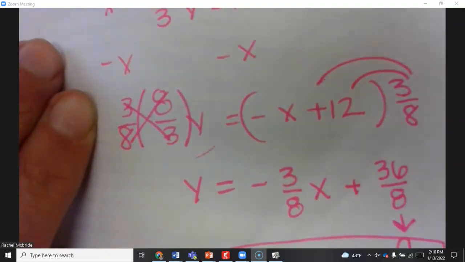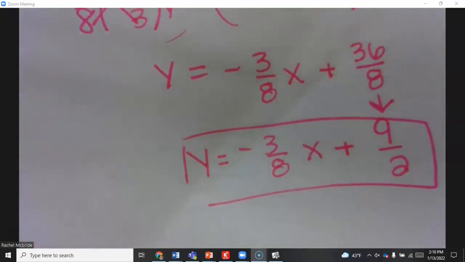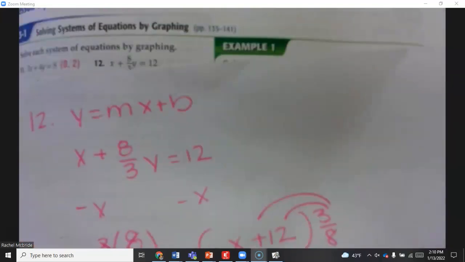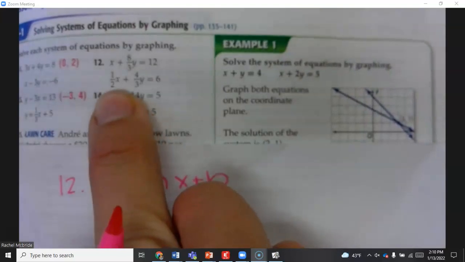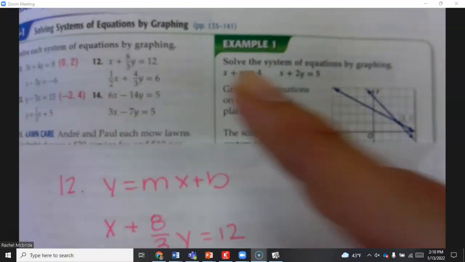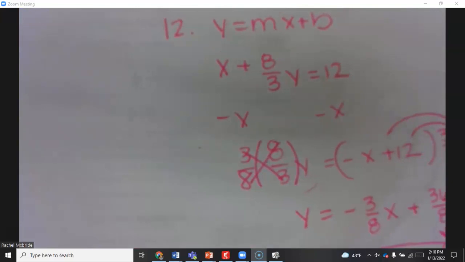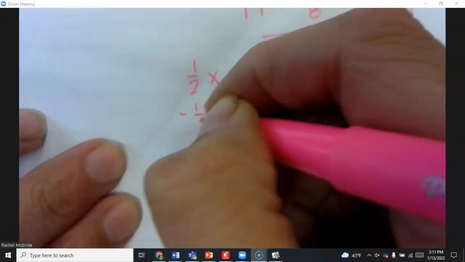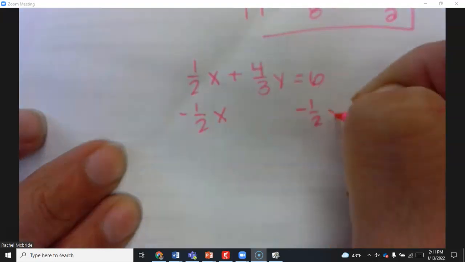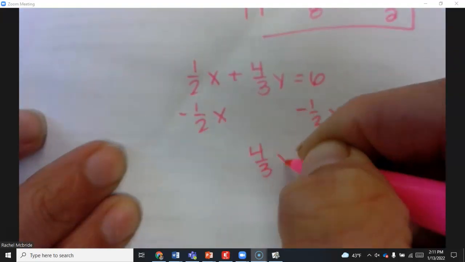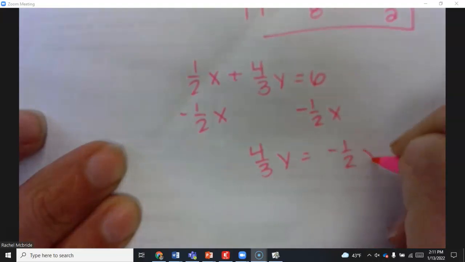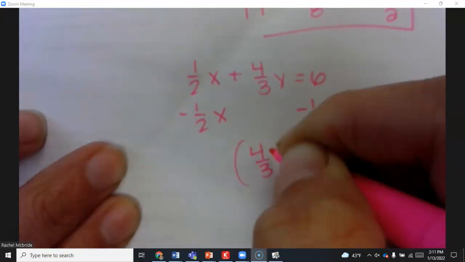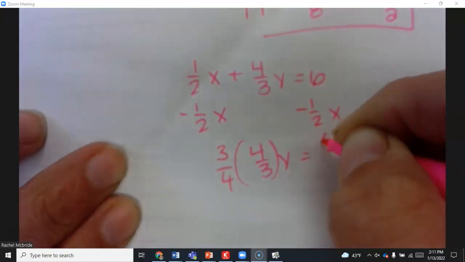Because then if you look at the next part of the problem, it gave 1/2 x plus 4/3 y equals 6. So again, you had to subtract over x, and multiply by the reciprocal.